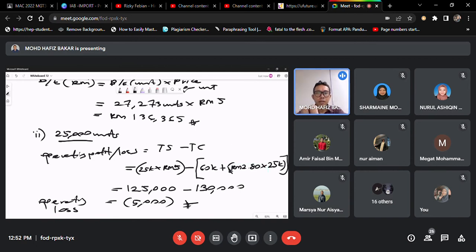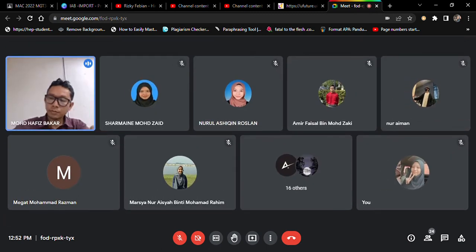Okay, next. Kita tengok yang latest sebab dalam buku saya ni paling latest 2019. Sebab saya ni buku lama kan, last semester punya buku yang ada tahun Julai 2021.